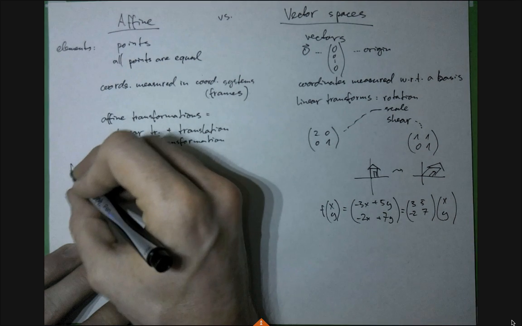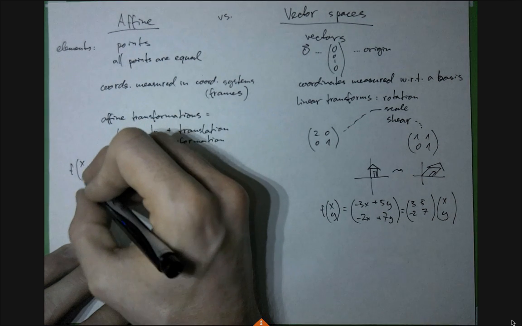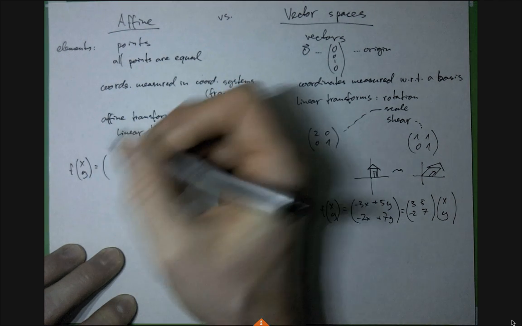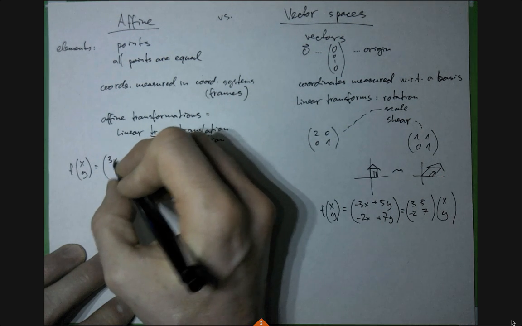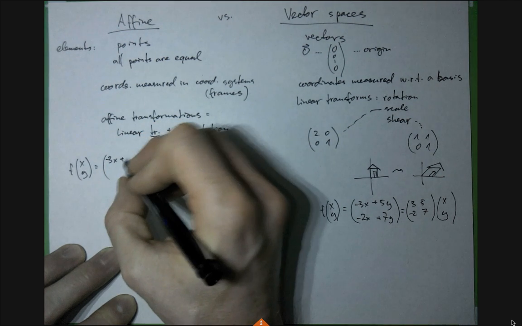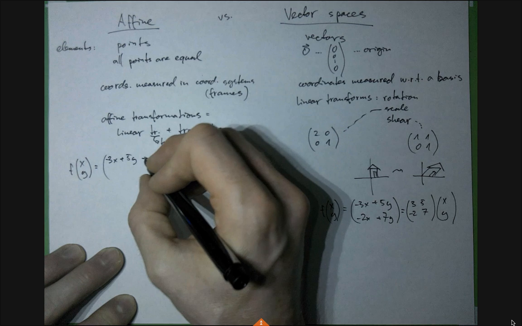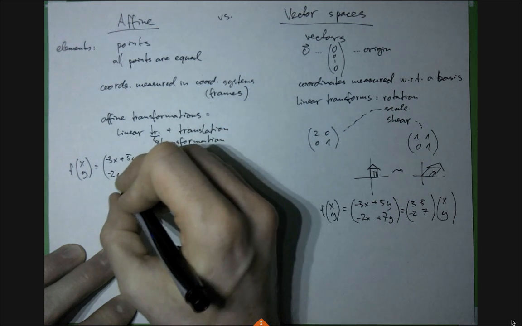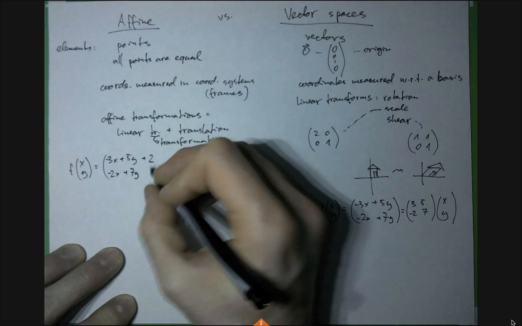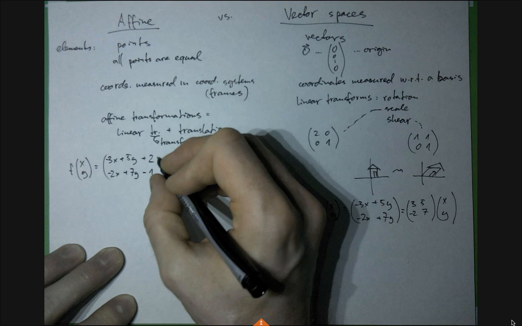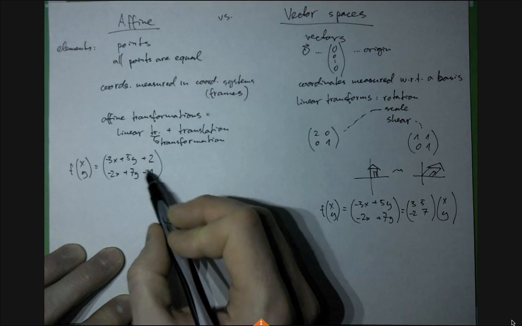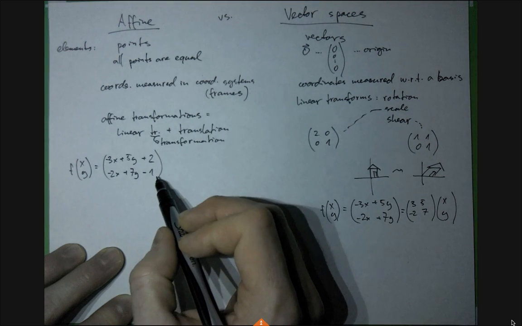But if I want to give a more interesting example of an affine transformation, I could say this, let me use the same numbers plus 2. I'm just inventing whatever numbers. The numbers don't matter. What matters is that you have these two extra terms, the constants, both on x and y.